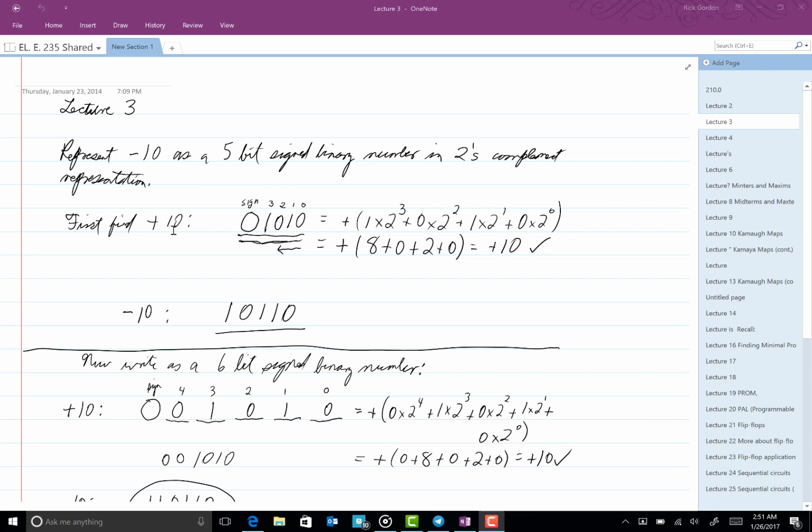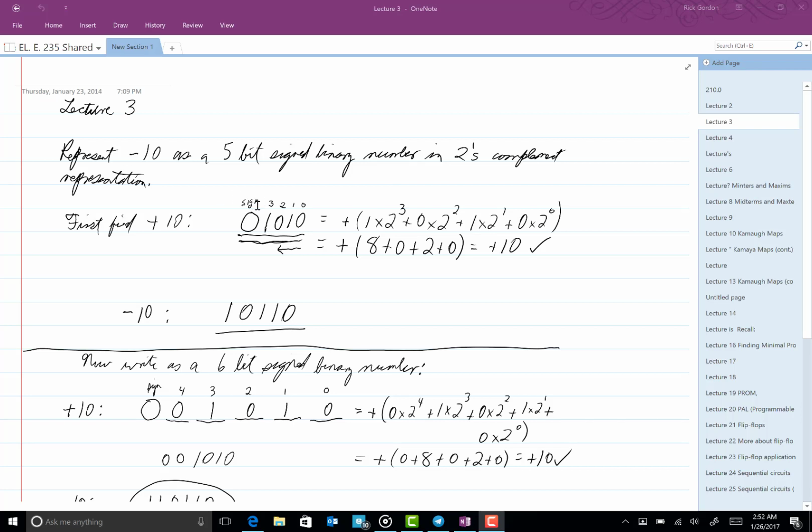Now, if it's going to be a 5-bit signed binary number, then that means we have one signed bit and then 4 other bits to contain the actual information about the magnitude of the number. Furthermore, since positive 10 is a positive number, the signed bit will be 0.